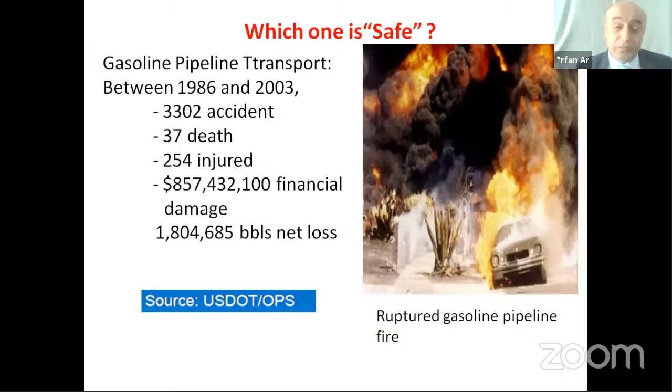This amount of dollars is lost. Precious gasoline pipeline, you see, it is an environmental disaster. The very dangerous hydrocarbon emission together with some particulate emissions.